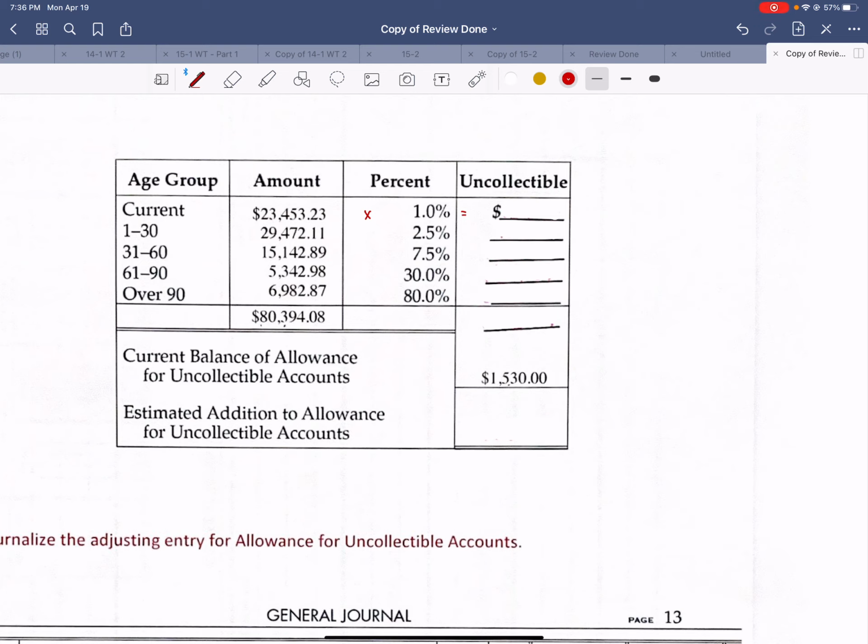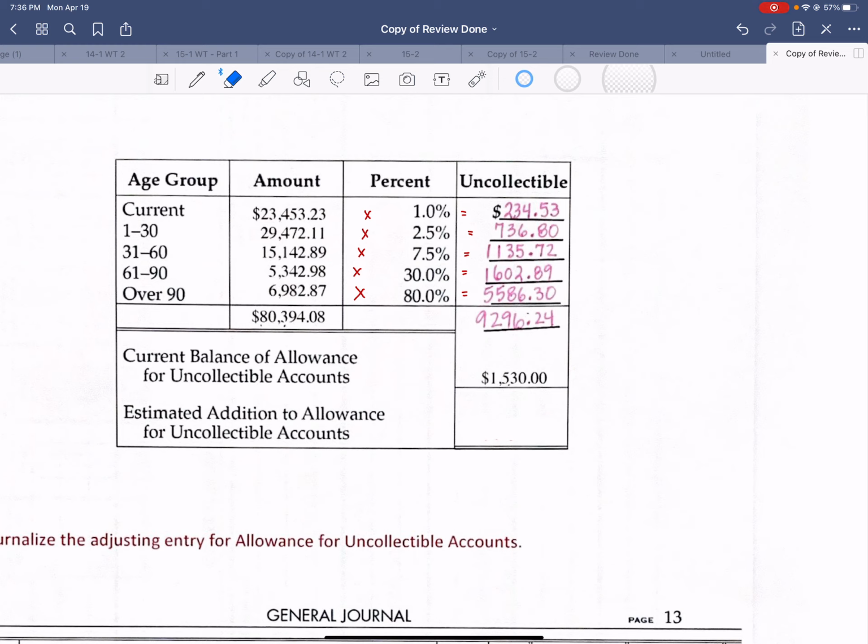So go through and figure out all of those and then double check your answers with mine. So your answer should look like this. When you add them up, that's what you get.